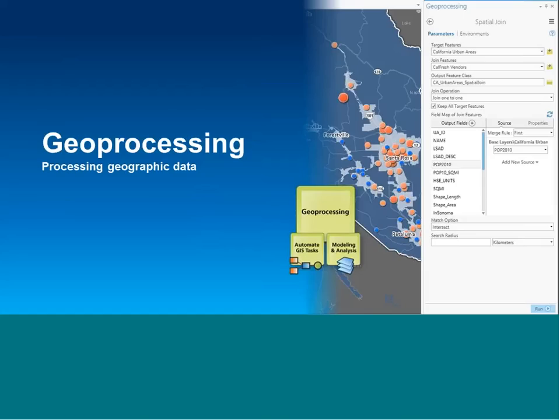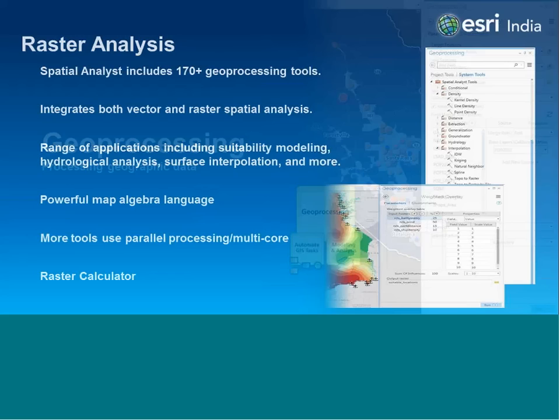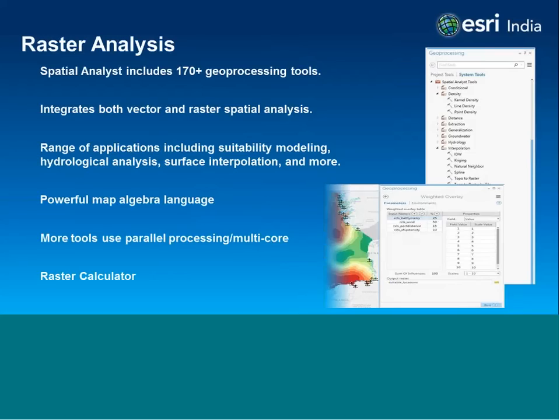Coming towards geoprocessing, there are lots of enhanced geoprocessing capabilities which have been added at the ArcGIS Pro level. In the raster analysis, we have more than 170 geoprocessing tools which are now supported. You can define your own workflows using your vector and raster datasets.